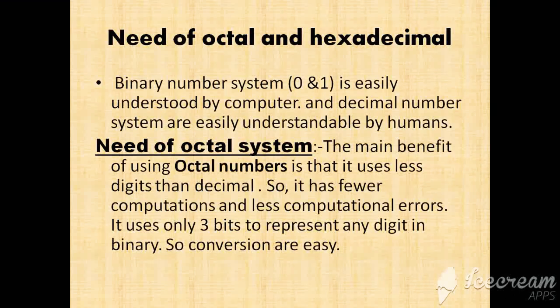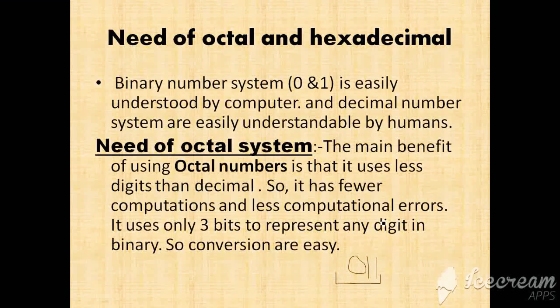It uses only 3 bits to represent any digit. You know, 3 bit, I will just show you. Octal, suppose this one is there. This is a 3-bit number. So conversions are easy, right?